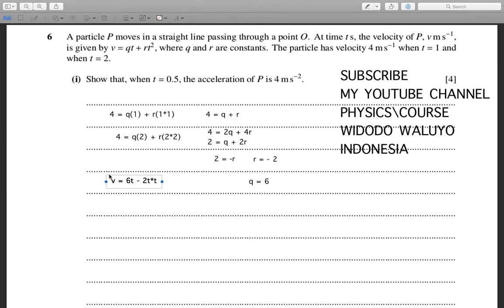Okay, this is the formula for the equation of v.